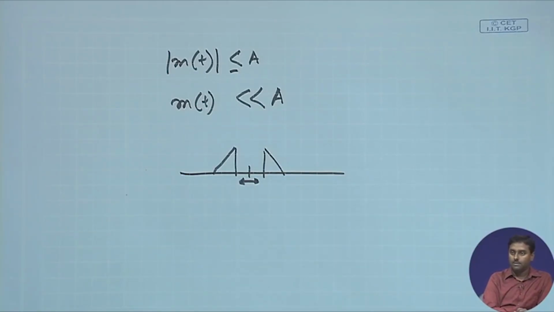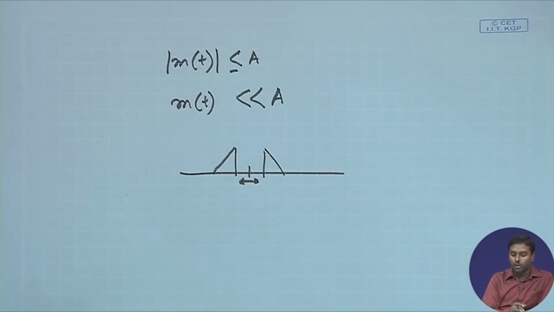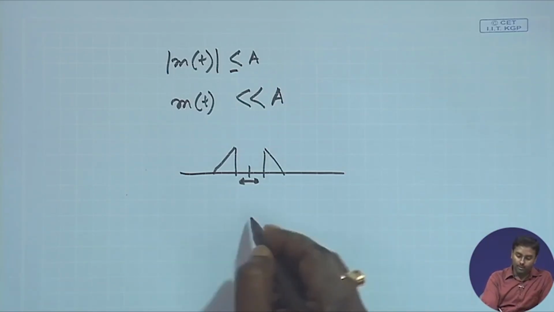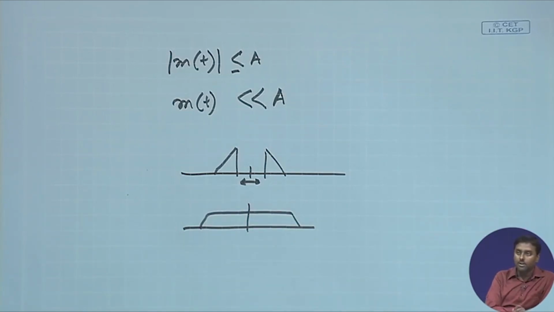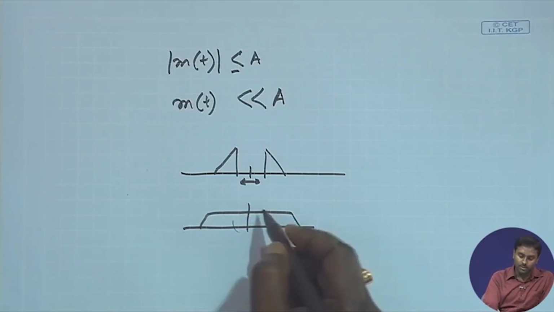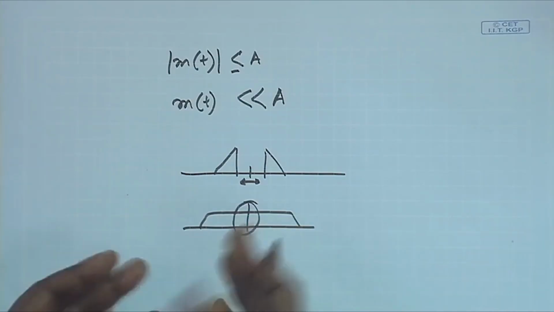So that is pretty much required, but we have seen that for voice that is true. Fortunately this was happening, so people could employ SSB in voice, but for video the spectrum looks like this. So there are strong terms around DC value and you cannot ignore them. If you ignore that, probably the signal will be distorted. So for modulation you cannot really distort the signal, that is something not allowed. So if this is the case, SSB is almost impossible.